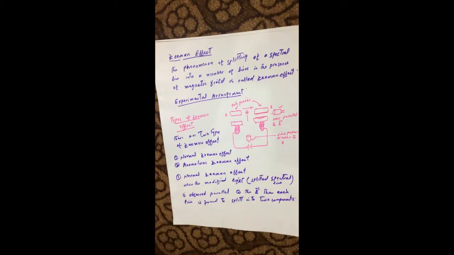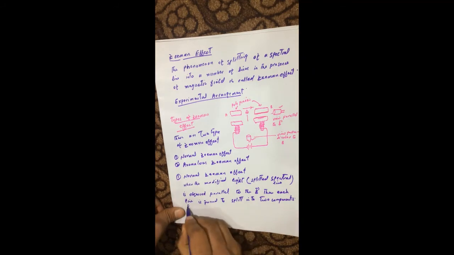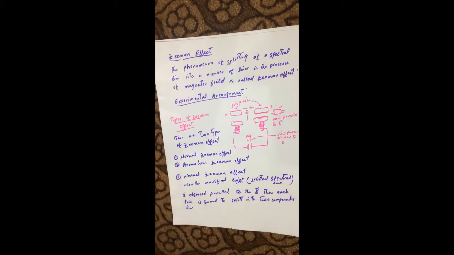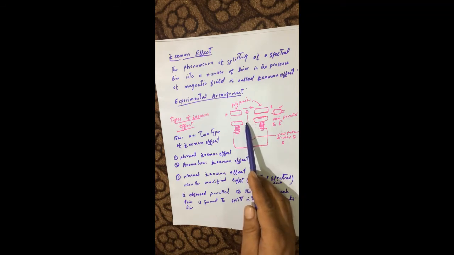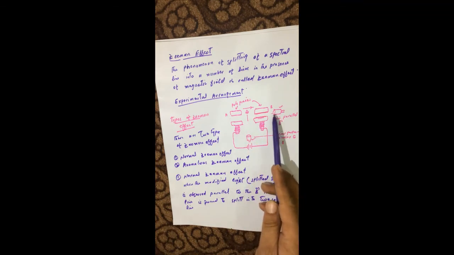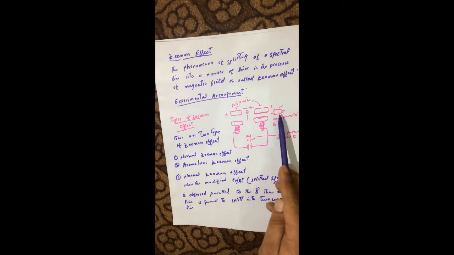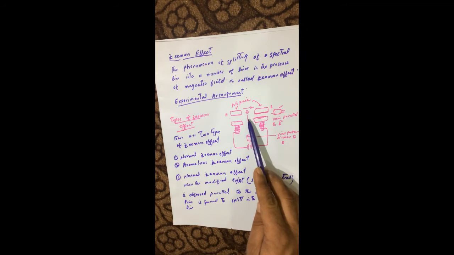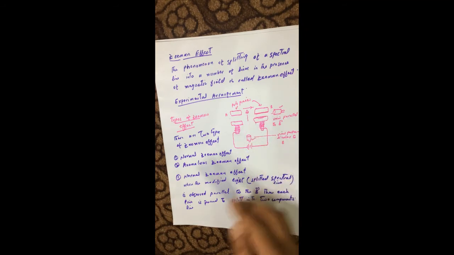This is called two components line. This is called normal Zeeman effect. Like if we observe the modified light or the split light in a direction which is parallel to the magnetic field, through this highly resolving instrument, then each spectral line is found to split into two component lines. This is called normal Zeeman effect.